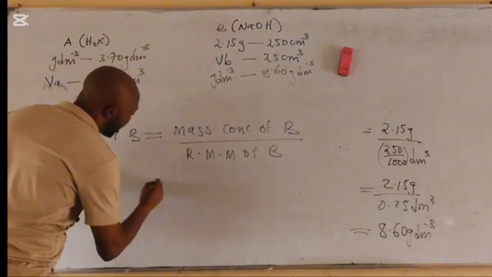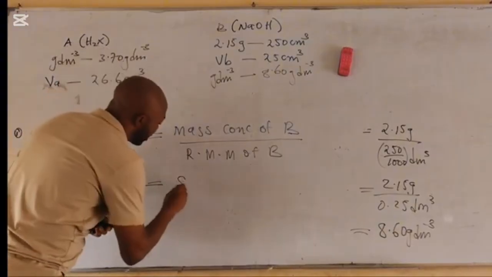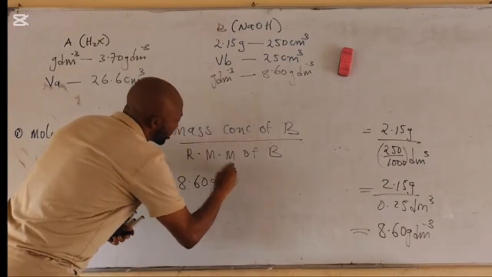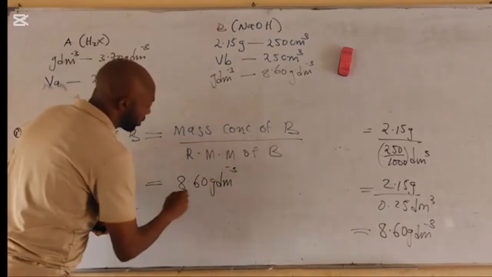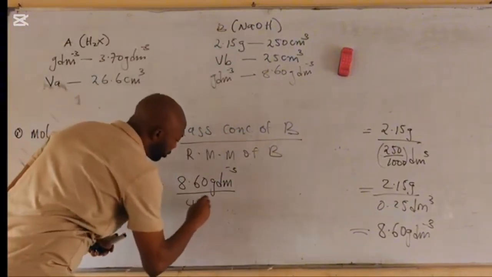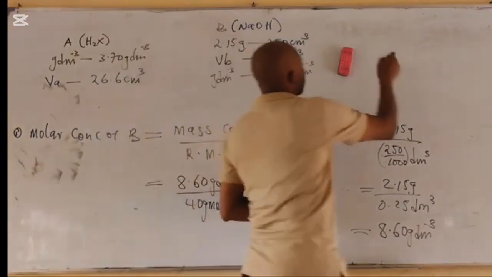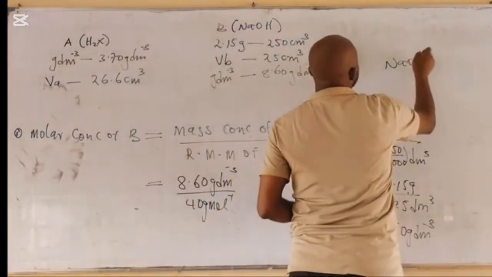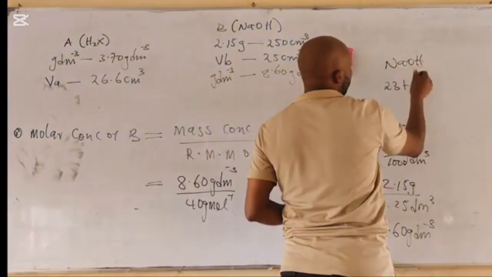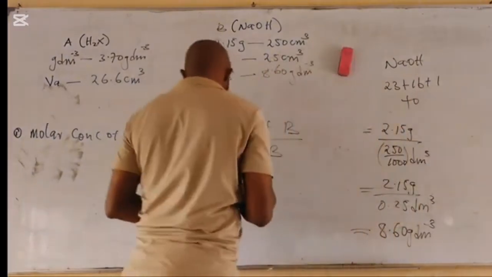So I can easily have my 8.60 g per dm cube for the mass concentration over the relative molecular mass of sodium hydroxide, which is 40 g per mol. Now, how do we get the 40? This is sodium hydroxide. Sodium is 23, plus oxygen is 16, plus hydrogen is 1, and that gives us 40.